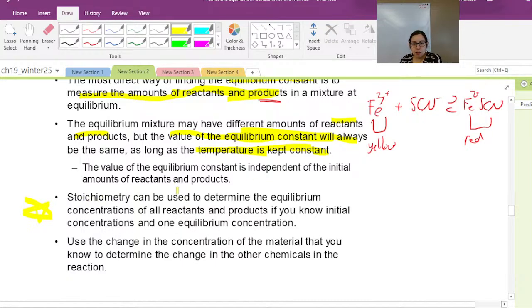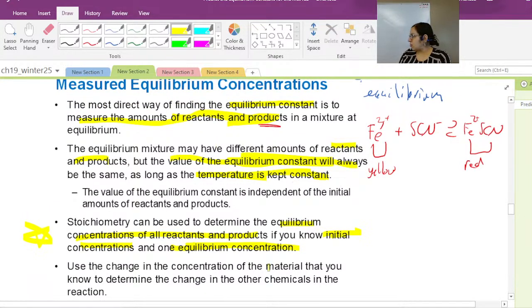And so stoichiometry can be used to determine our equilibrium concentrations if we know initial conditions and one equilibrium concentration. So that's exactly our lab situation: we'll know initial conditions and we'll be able to measure our equilibrium concentration. And this is often what happens. Usually you're lucky to just measure one of the concentrations, and then you might have to puzzle out the rest.